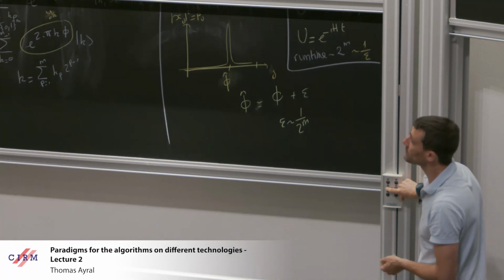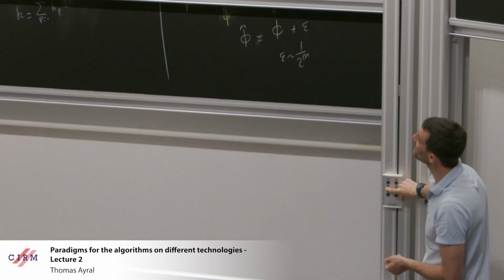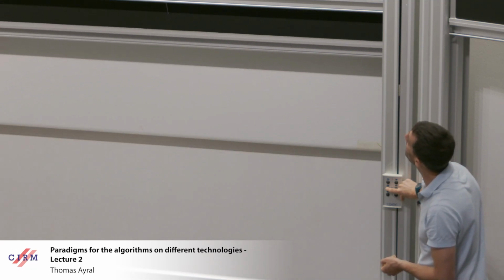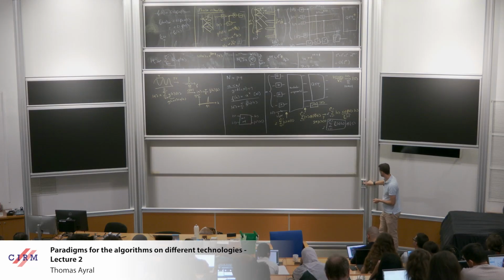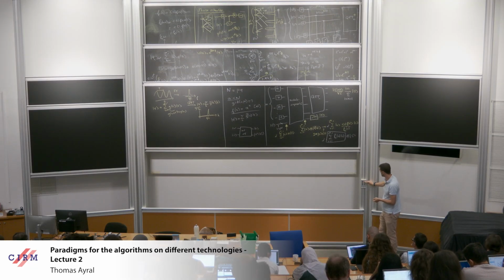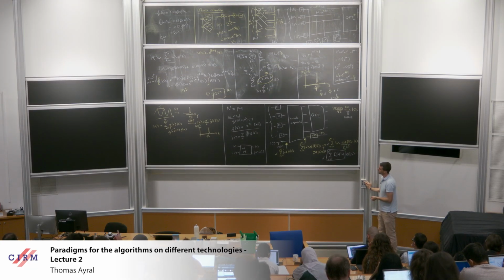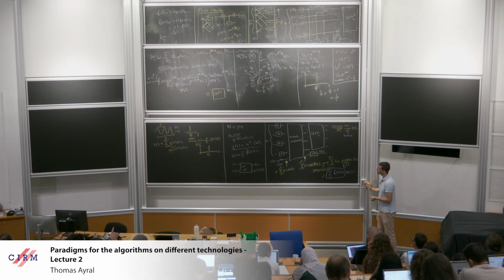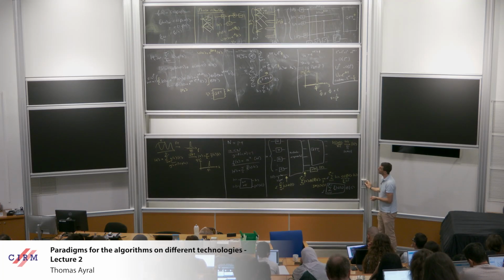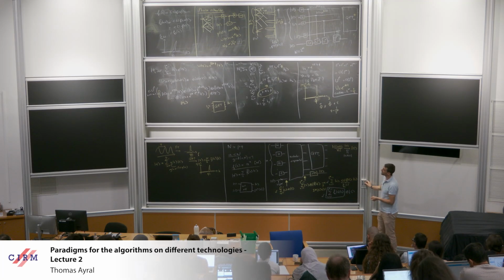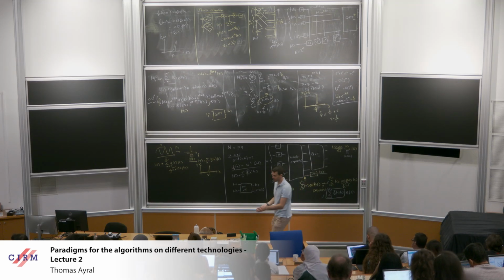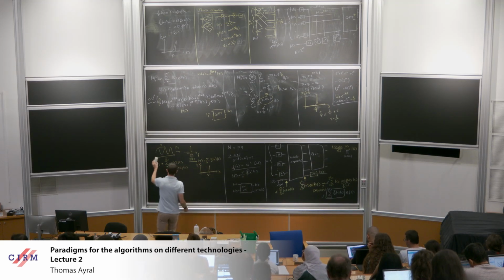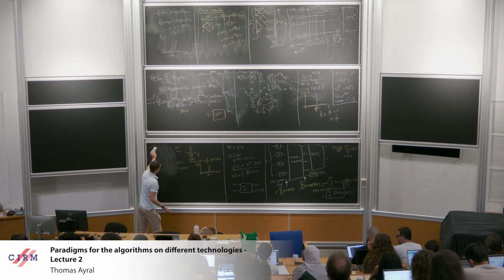So now we're going to slowly turn to more practical matters. And one very short thing I want to say before turning to very practical matters is just an implementation detail.